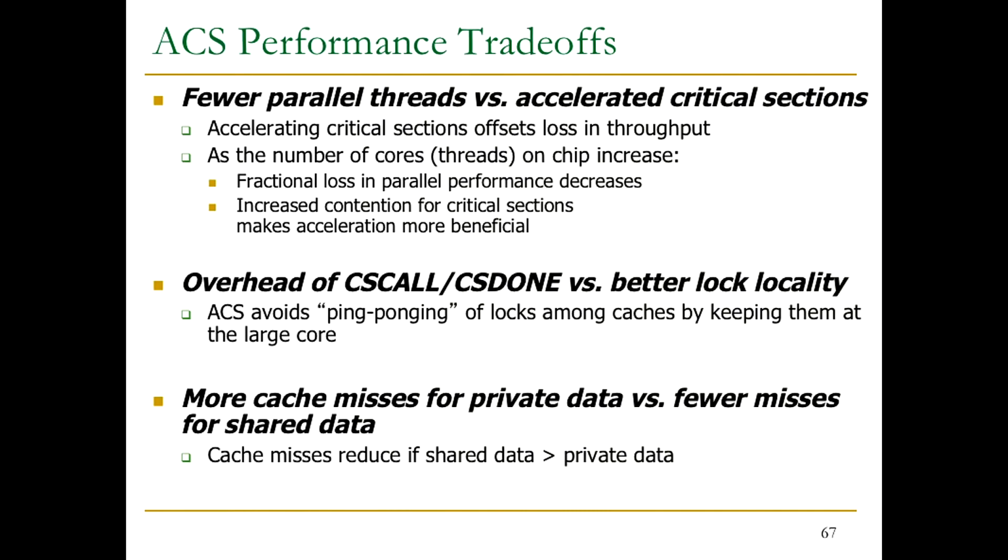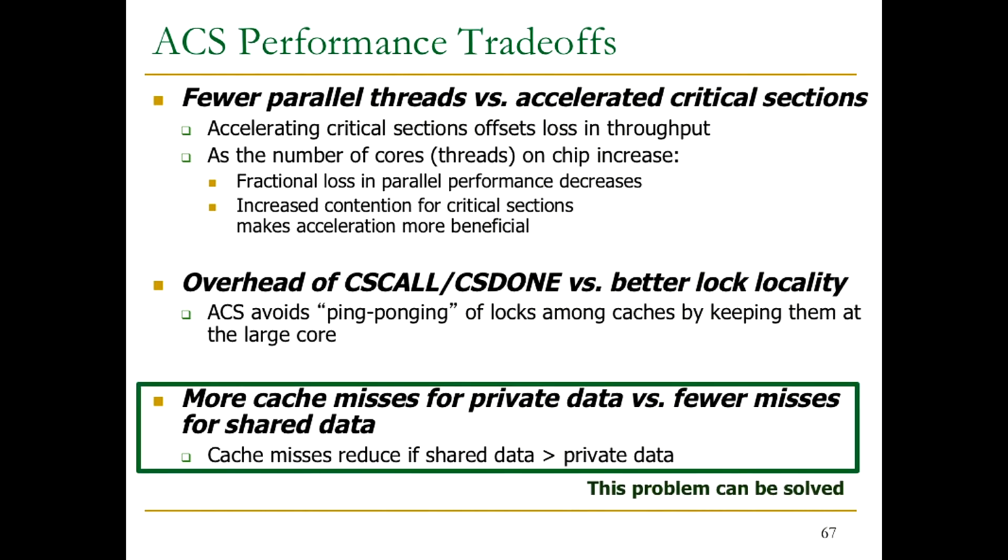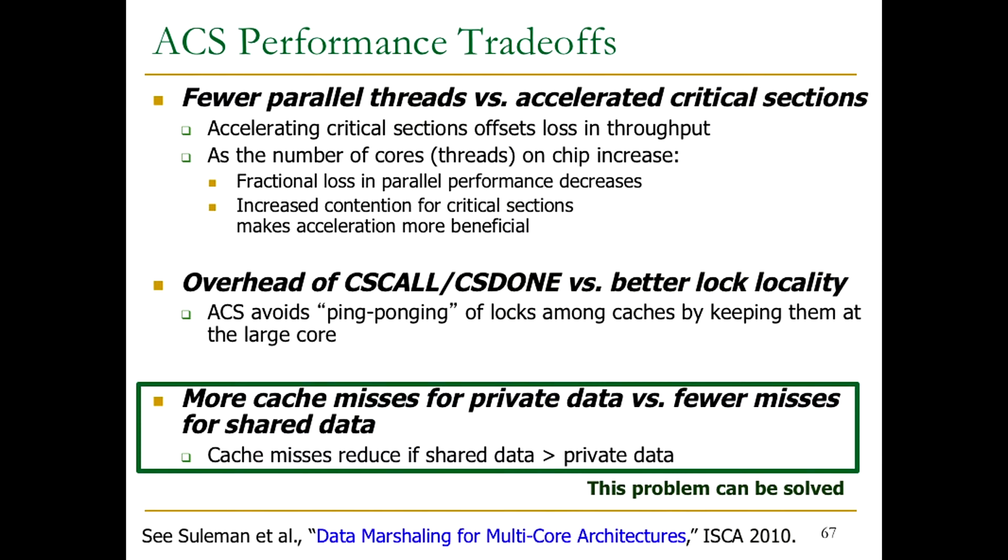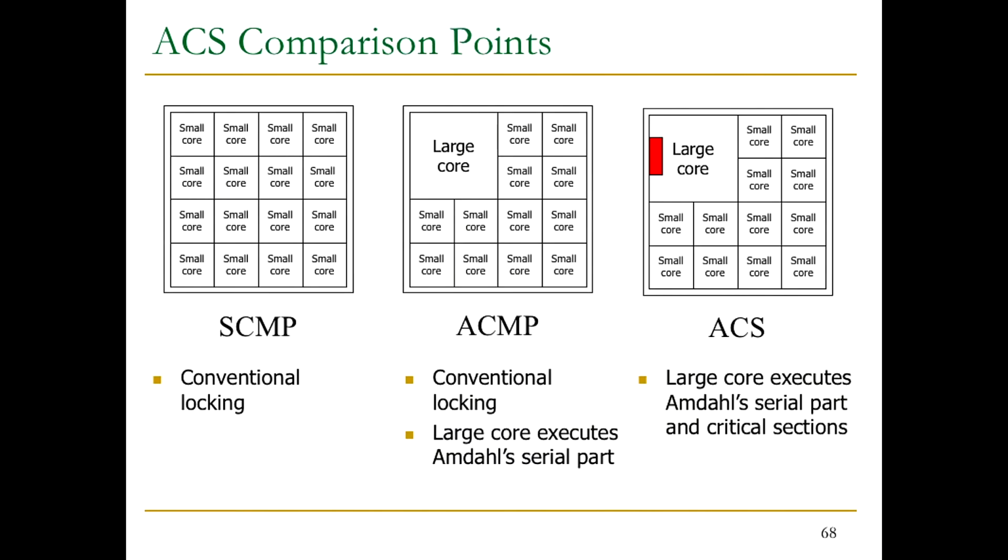So basically, cache misses are reduced if the amount of shared data is greater than the private data, or shared data misses are greater than the private data misses. And this problem can be solved. If we have time, I will talk about a solution that's much more general than just accelerated critical sections, which is really interesting, actually. And that's part of the solution.